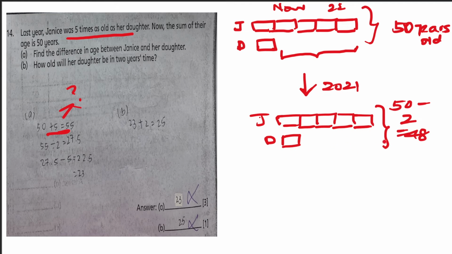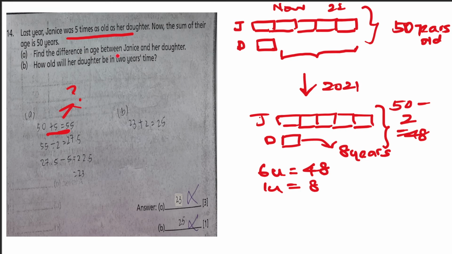And you realize that 48 in the 6 times table, you can actually get a whole number, because 6 times 8 will give you 48. Over here, 6 units equals 48. 1 unit will give you 8. So 1 unit is actually 8 years old here.